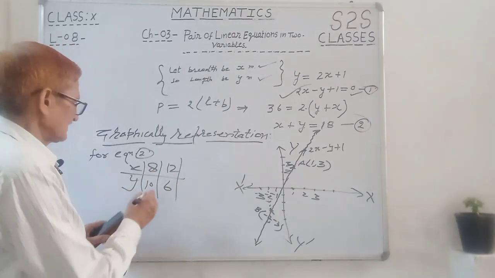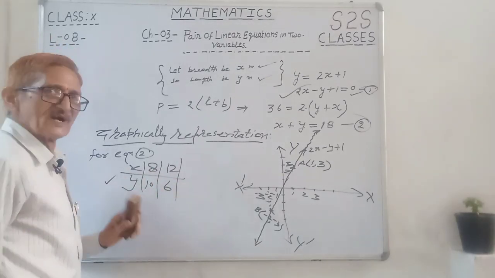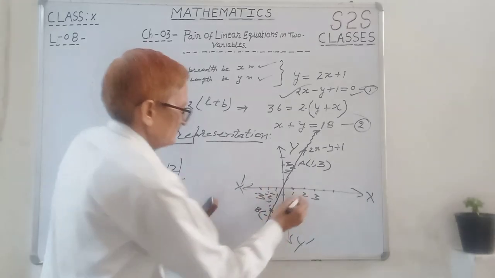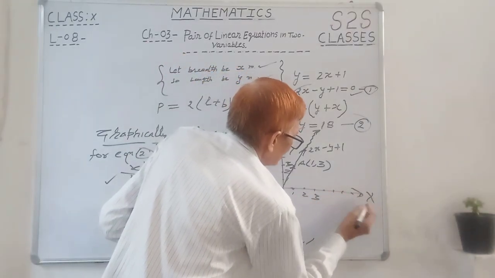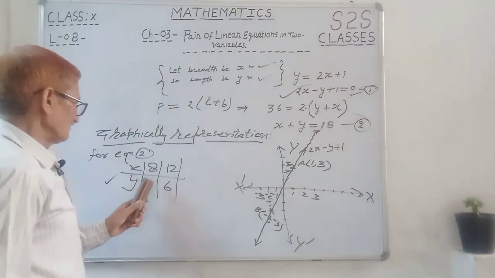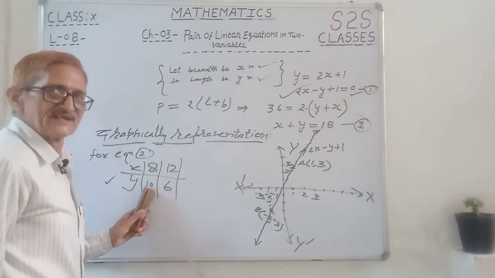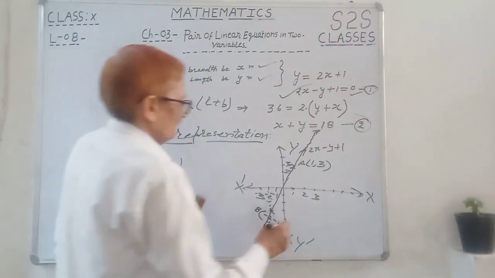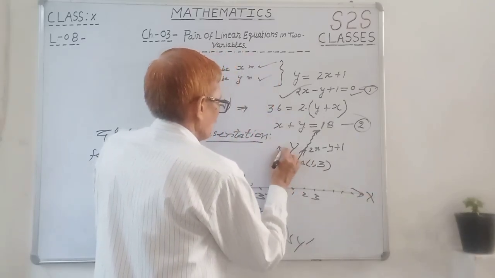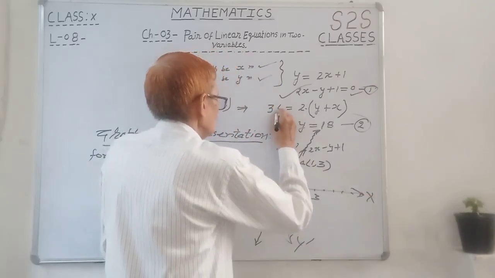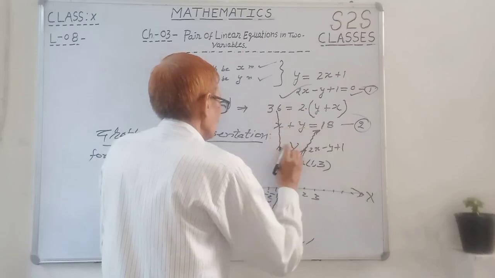So 8 comma 10, first point 8 comma 10, you draw 8, 1 2 3 4 5 6 7 8, x comma y, y is 10, from here y 10, 1 2 3 4 5, this will go up.